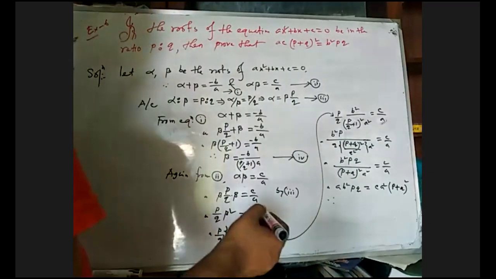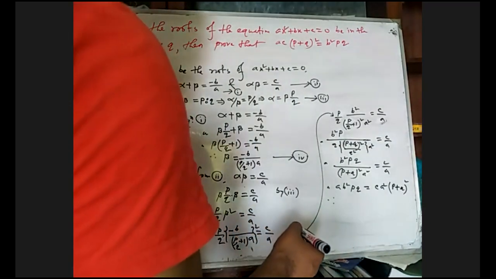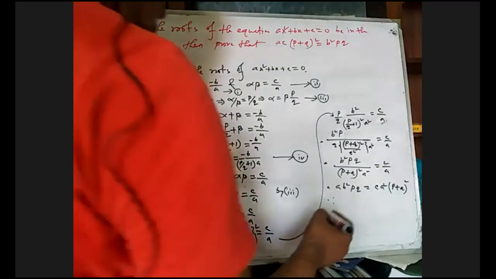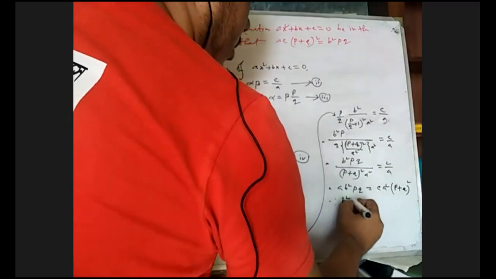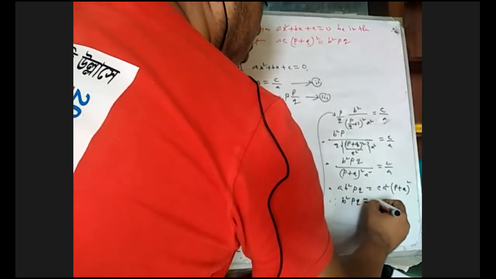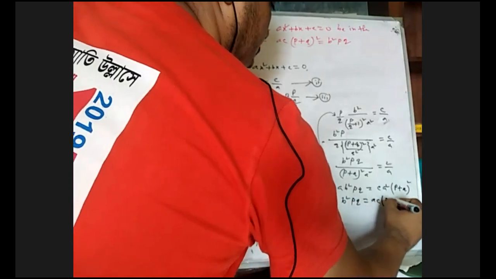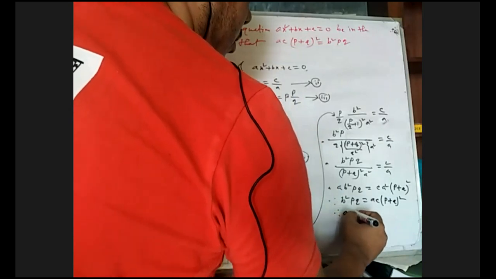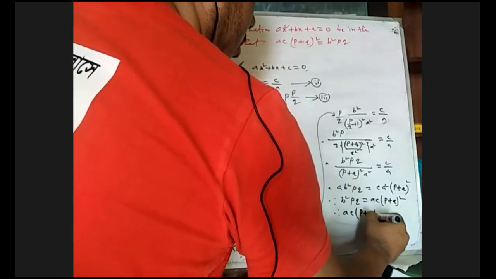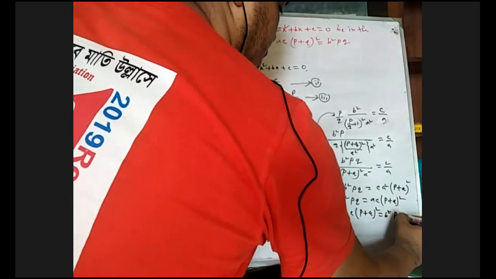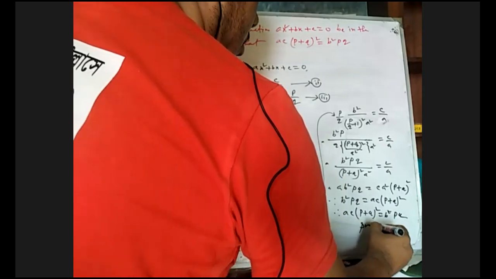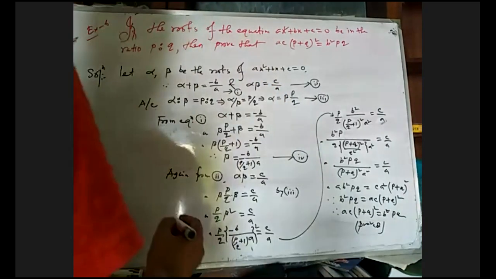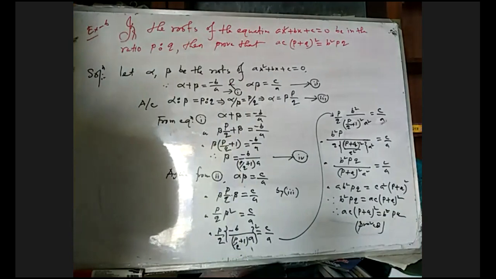Dividing by a on both sides, we get actually b square pq equals to, therefore, a into p plus q whole square, pq. So proved. This is what we have to prove. Okay, this is the required result.